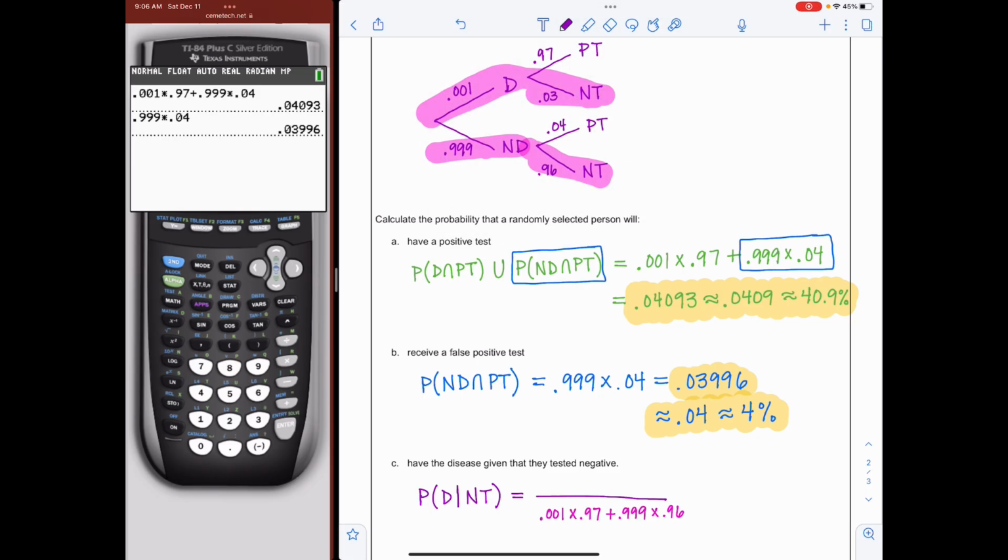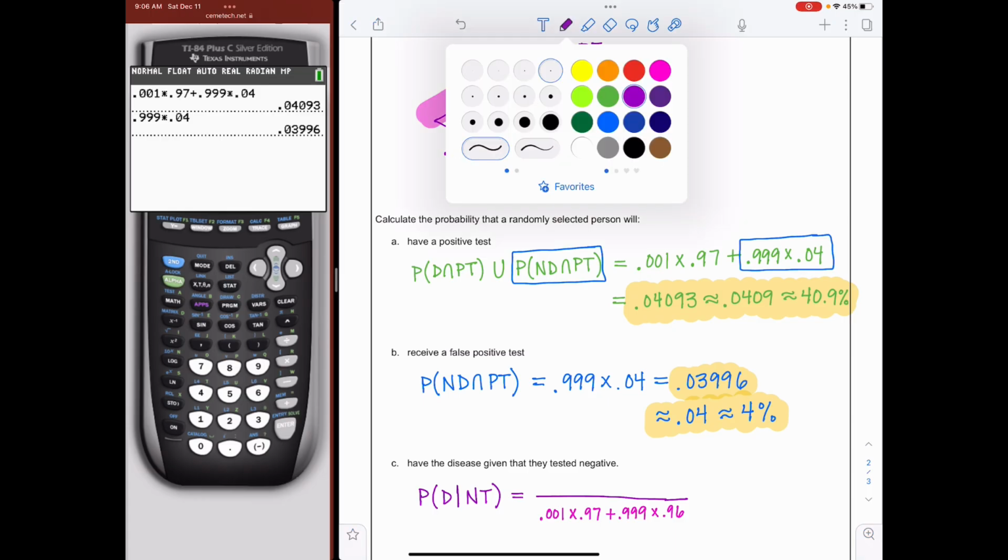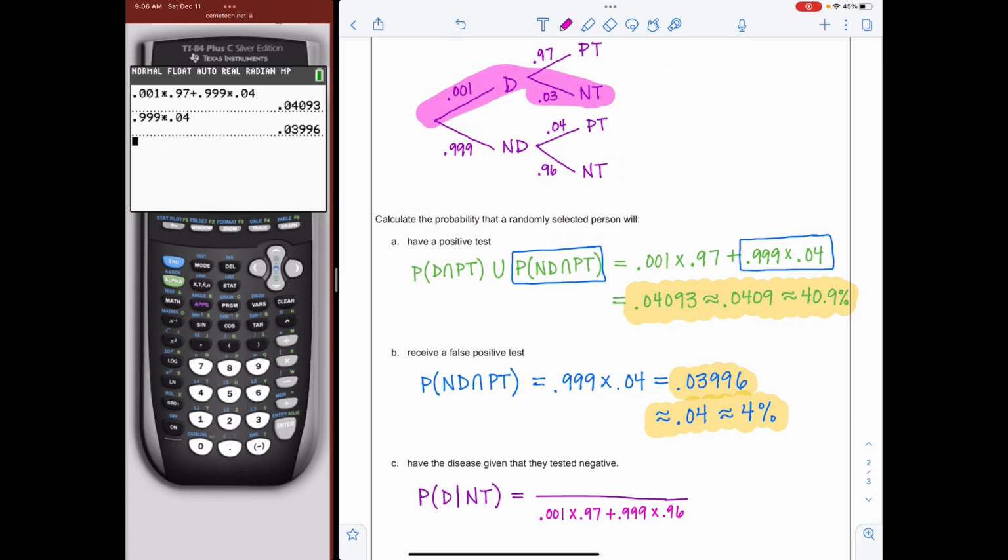So out of the two ways that they can have a negative test, we want to figure out what is the probability that they had the disease. Well, there was only one way that they can have the disease and have a negative test, and that would be the 0.001 times the 0.03.